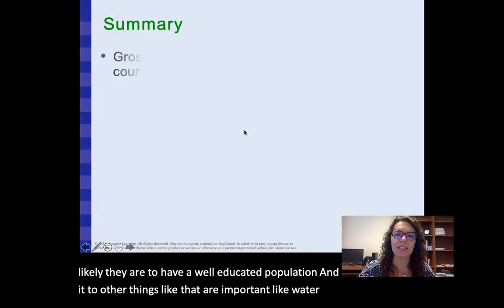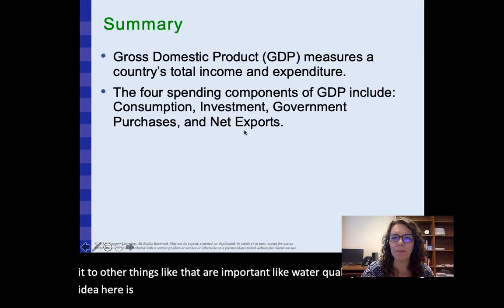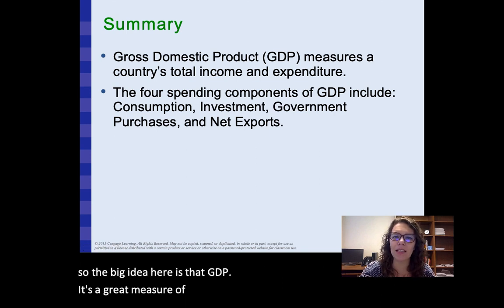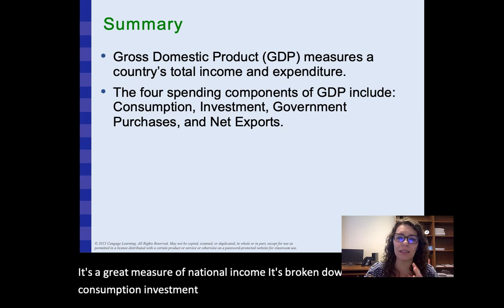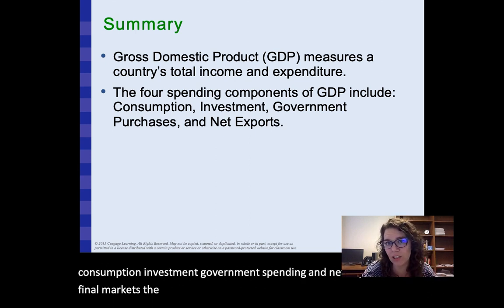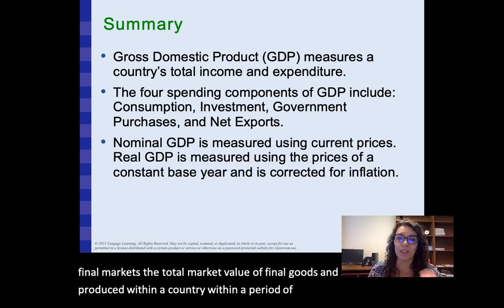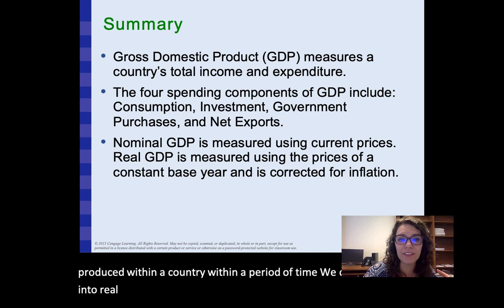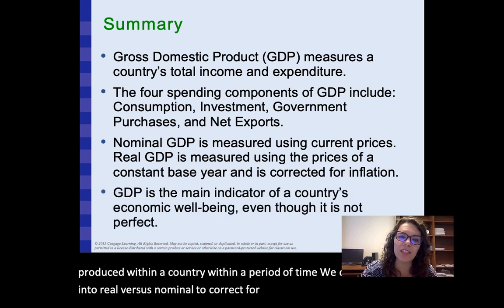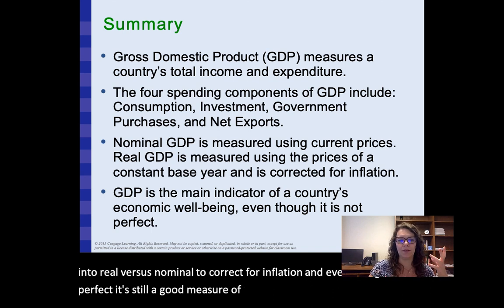So the big idea here is that GDP is a great measure of national income. It's broken down into consumption, investment, government spending, and net exports. It's the total market value of final goods and services produced within a country within a period of time. We can break it down into real versus nominal to correct for inflation. And even though it's not perfect, it's still a good measure of a country's well-being.